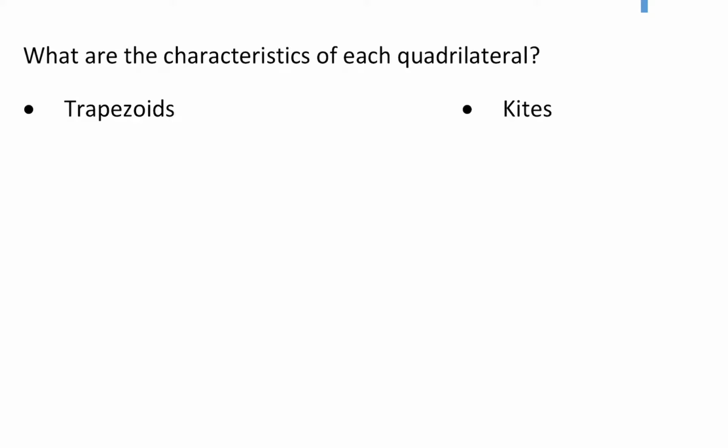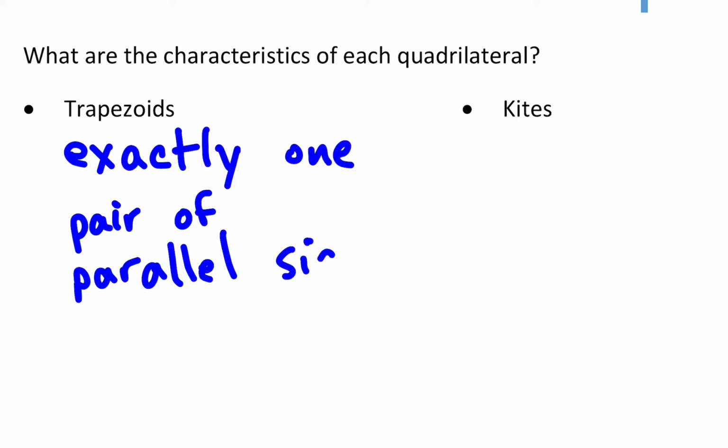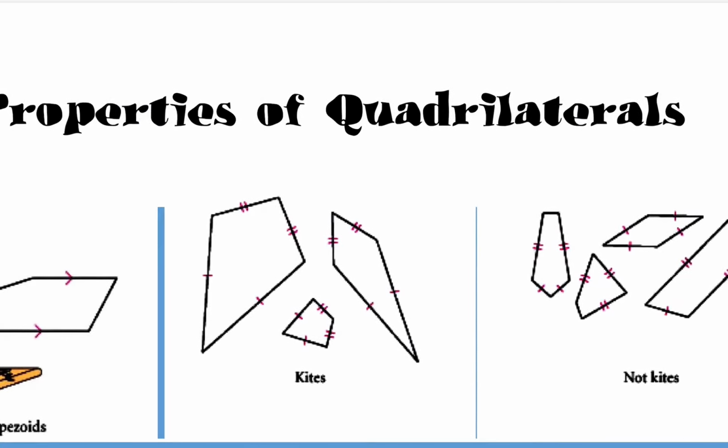The trapezoid has exactly one pair of parallel sides. And that is a trapezoid.